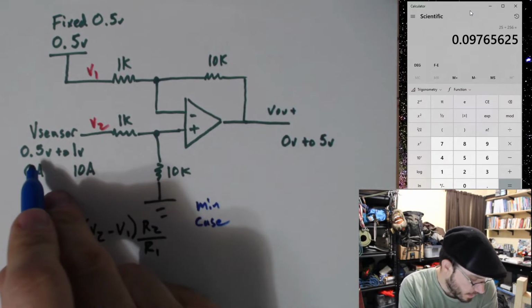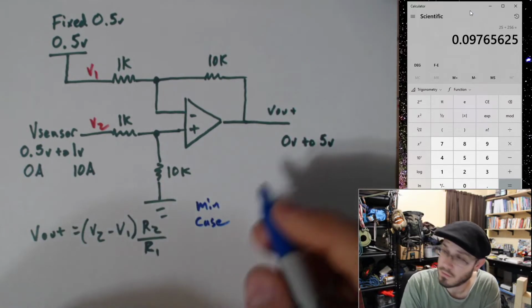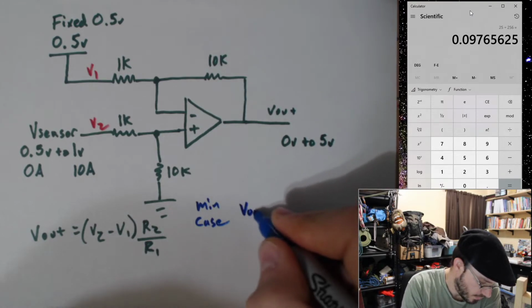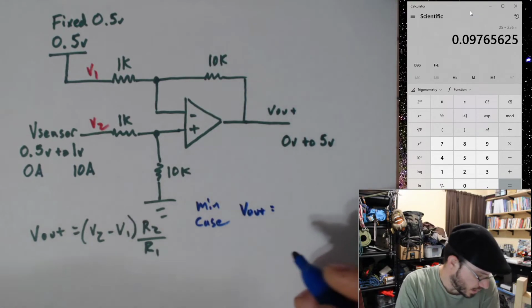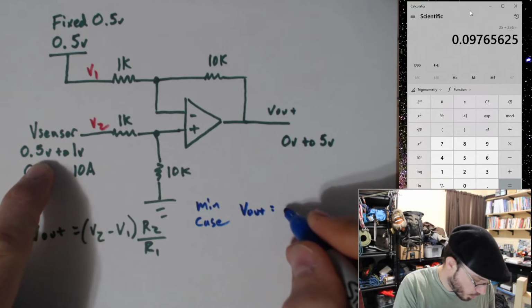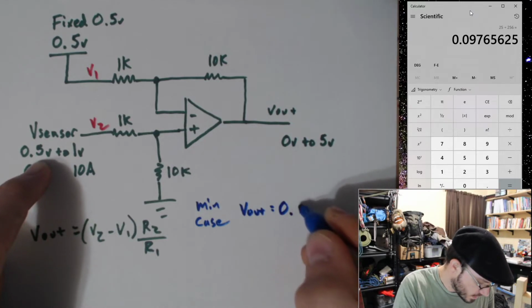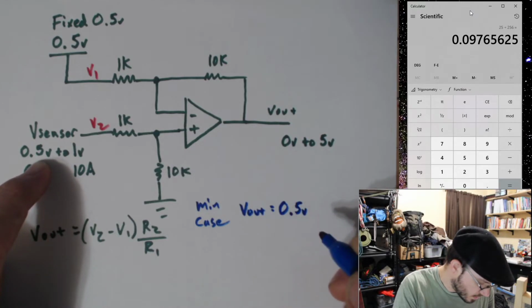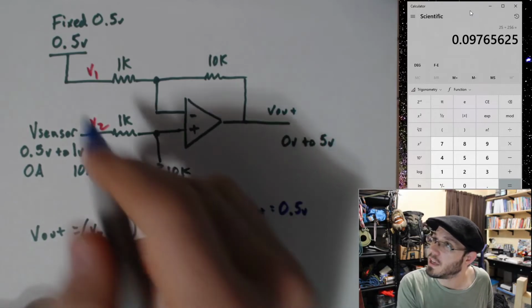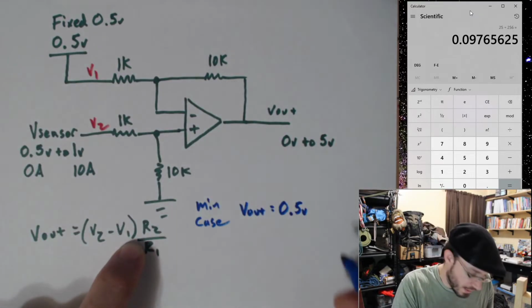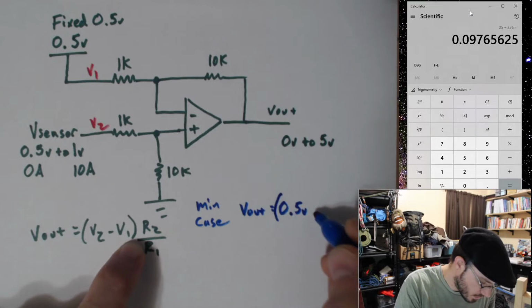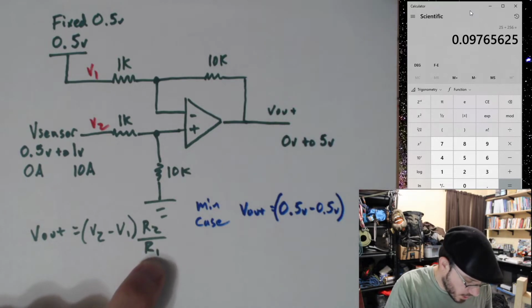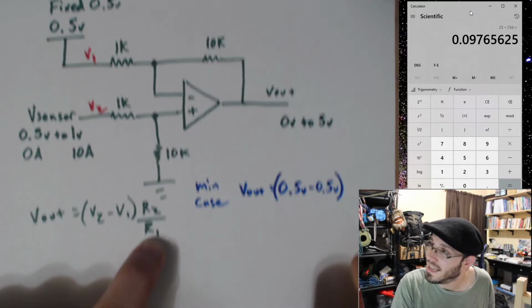Well, the min case is going to be 0.5 volts in. V out is going to equal V2, which is 0.5 volts, minus V1, which is 0.5 volts, times R2 divided by R1, which is 10.